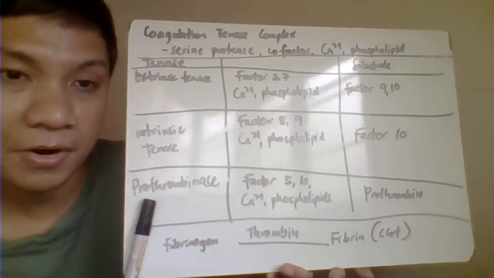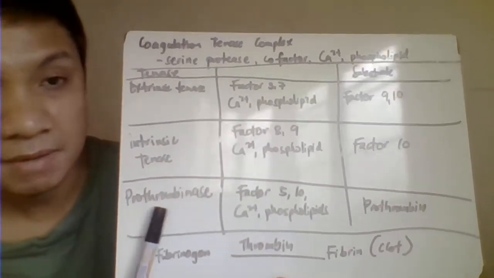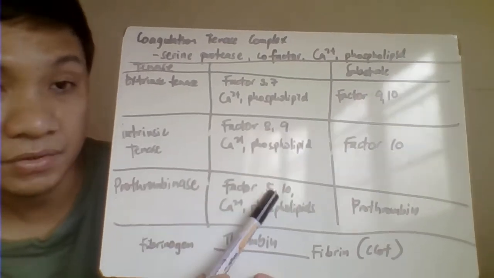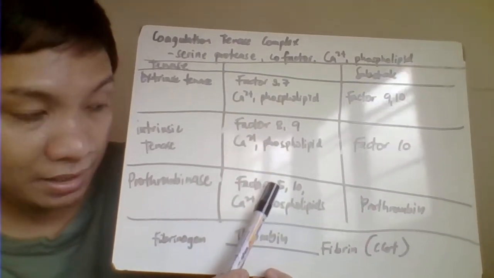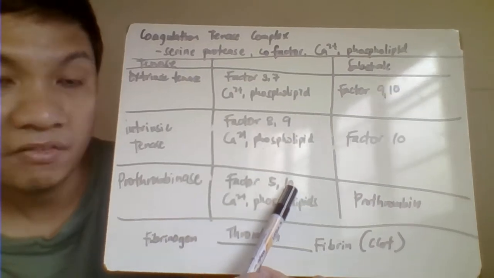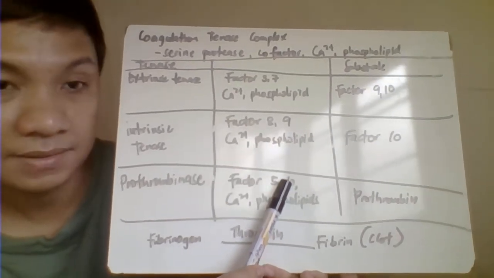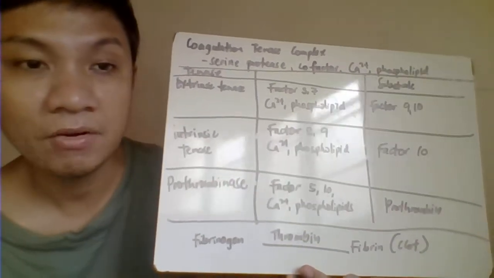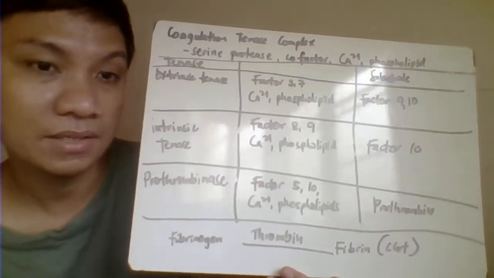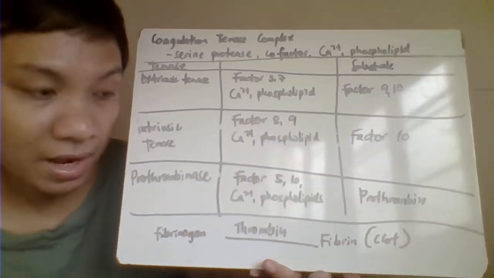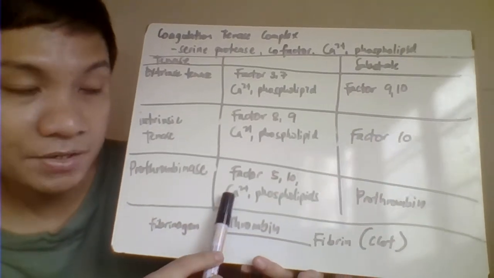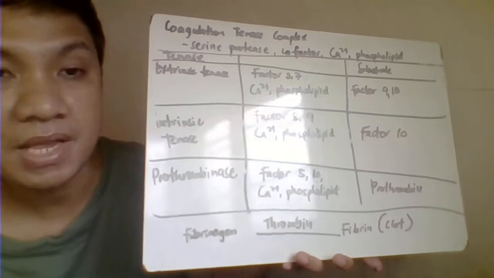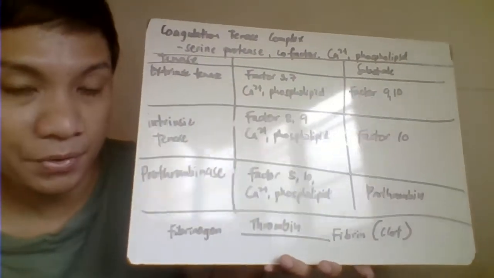And we have also your prothrombinase, basically made up of factor 5 and factor 10. Factor 5 is considered our cofactor, and factor 10 is your serine protease. That's what we discussed earlier in the classification of our coagulation factors as serine protease or cofactors. We also have calcium and phospholipid, and the substrate for that is prothrombin.